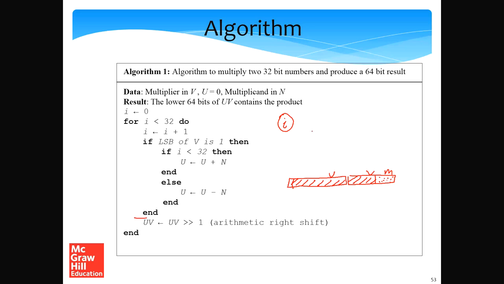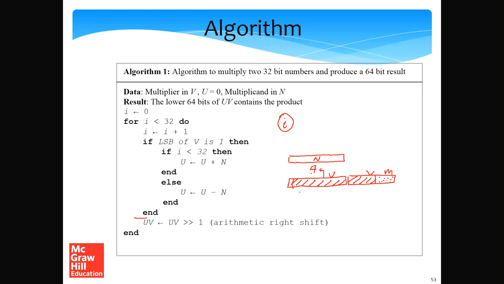We add the multiplicand to the register U. So the question is, why do we add the multiplicand to the register U? And after adding, the result of the addition is used to update the register U. So essentially we add N plus U.